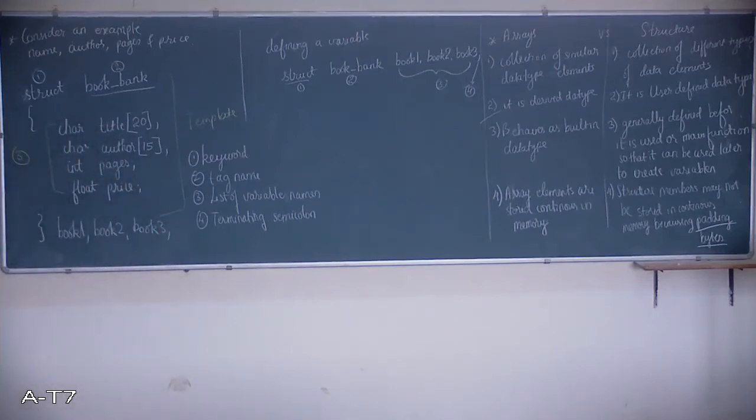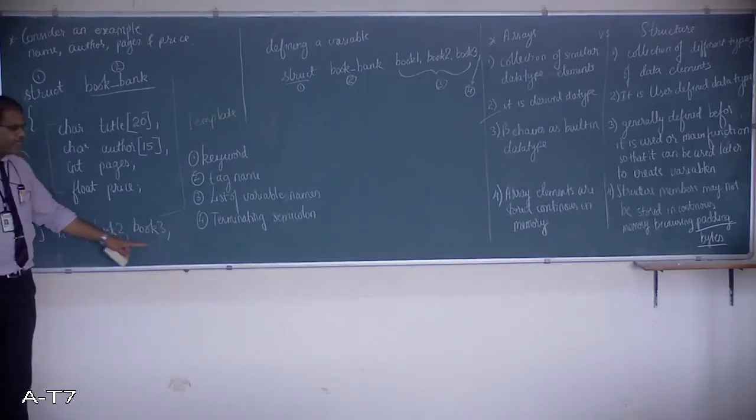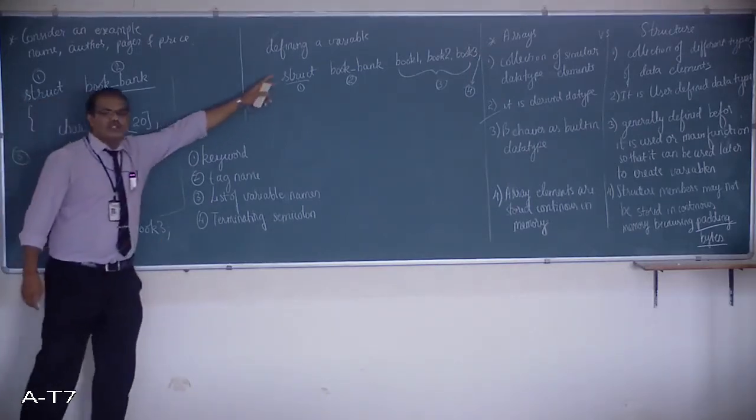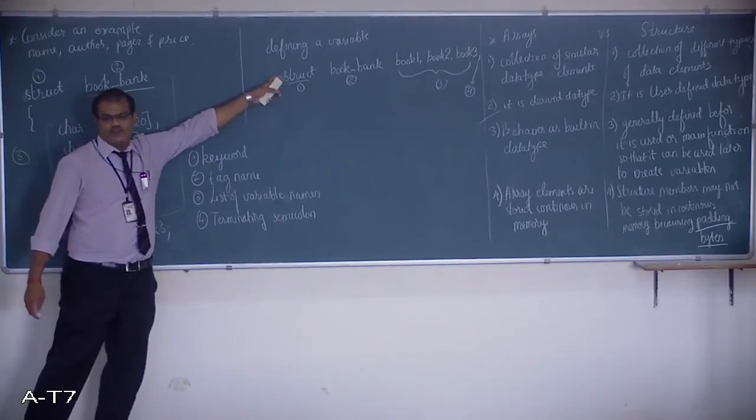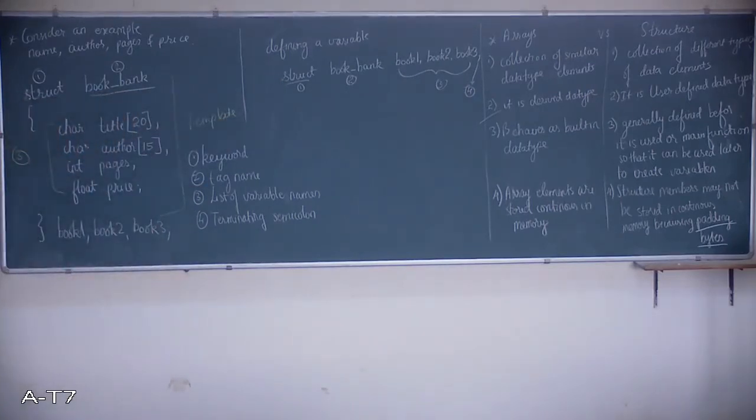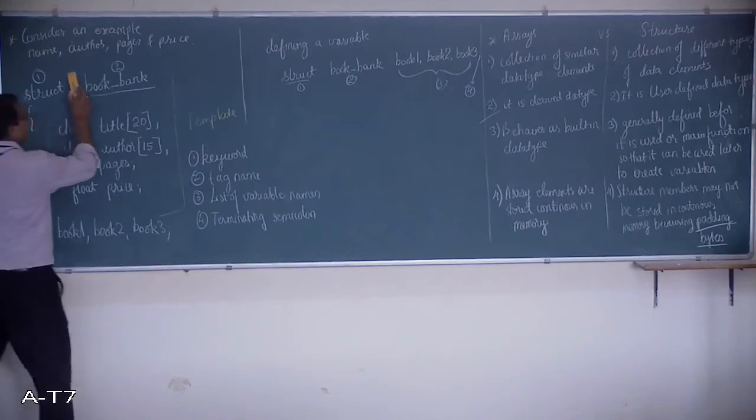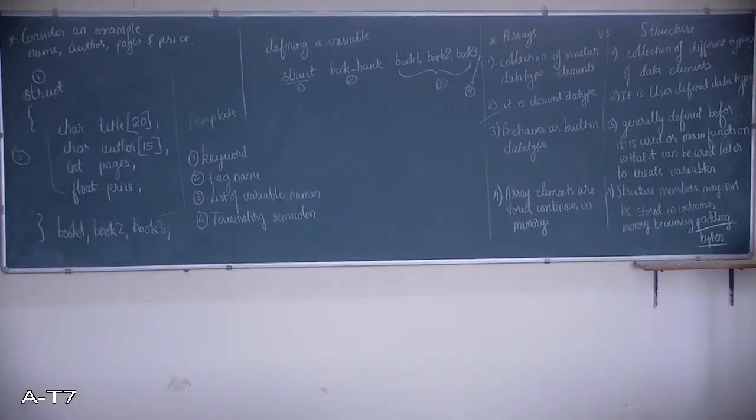Before the semicolon at the end, in the template only, I will define three variable names of book 1, book 2 and book 3. So these three variables are similar to defining a variable or declaration of the variable. Now there is one more, a third, where I don't specify the tag name and I directly define the variable name at the end of the template.